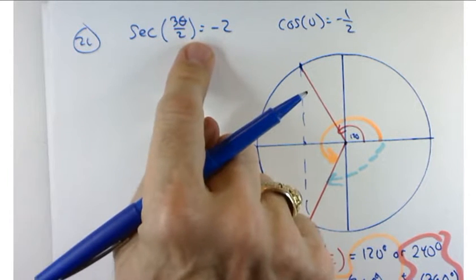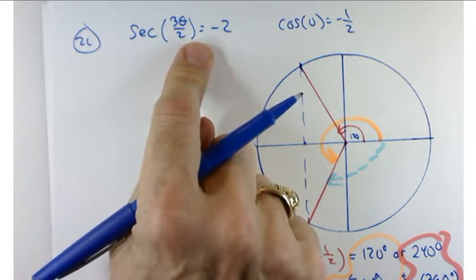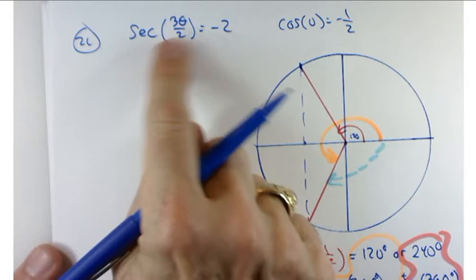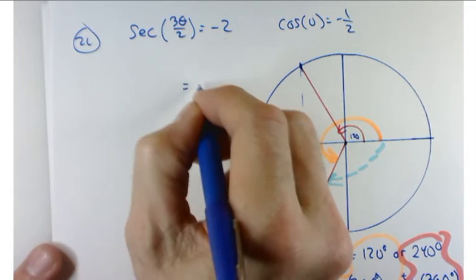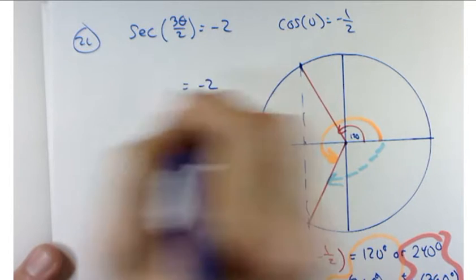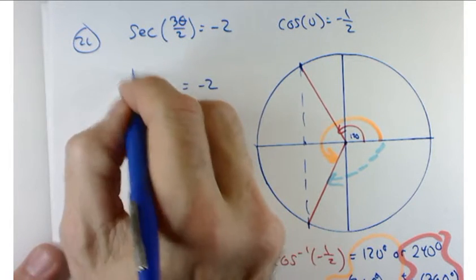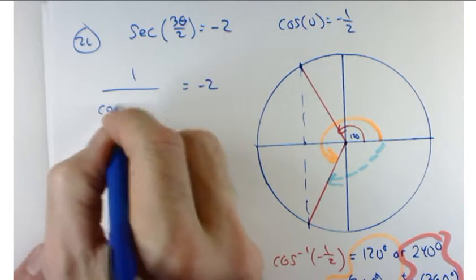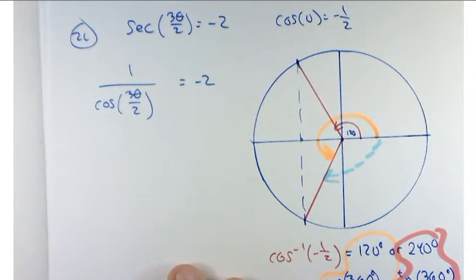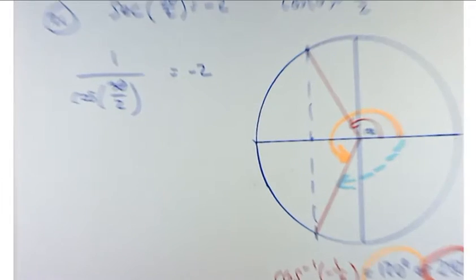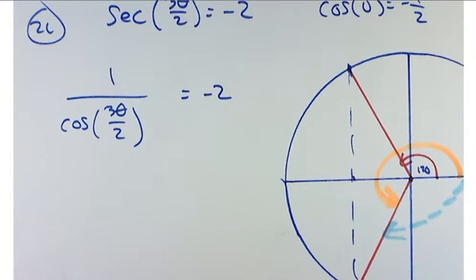Let's go back to the problem at hand, though. The problem at hand was this. Secant of this equals minus 1/2. Or it's going to be minus 2. Well, secant is 1 over the cosine. So I can replace it with 1 over the cosine of 3 theta over 2.